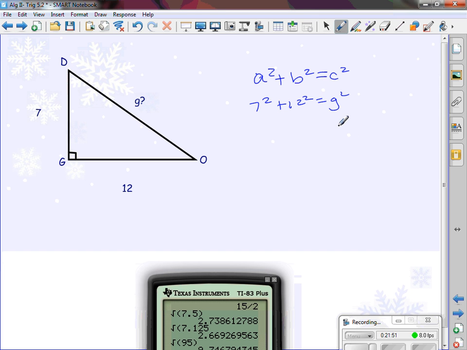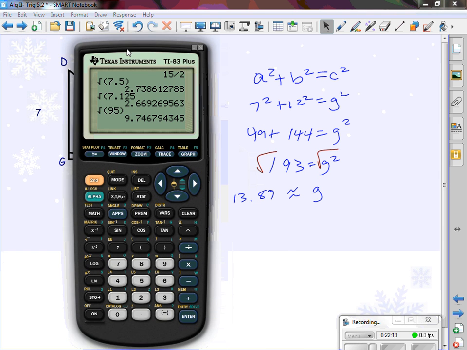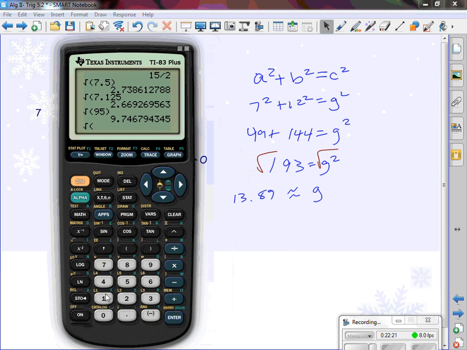You can leave it c if you wanted. 7 squared is 49. 12 squared is 144. 49 plus 144 is 193. Take the square root. g is about what? 13.89. Let's see if we rounded correctly. 13.89 is correct. Questions?